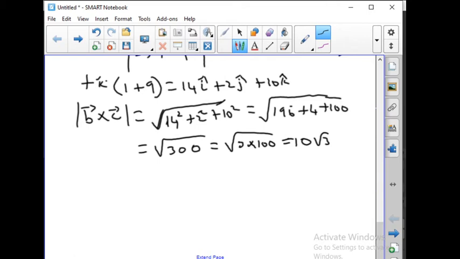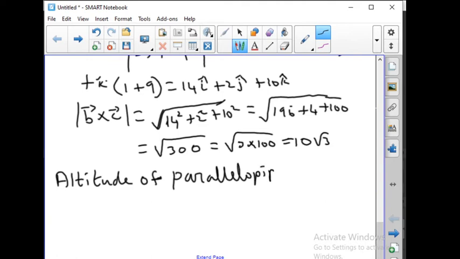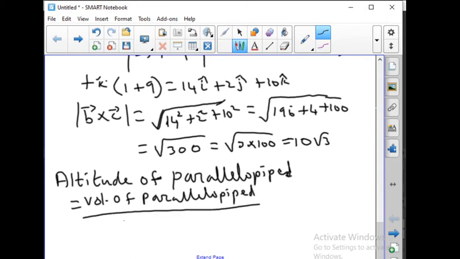Then it is asked to find the altitude of the parallelepiped. So the altitude of the parallelepiped is equal to the volume of the parallelepiped divided by the area of the base.